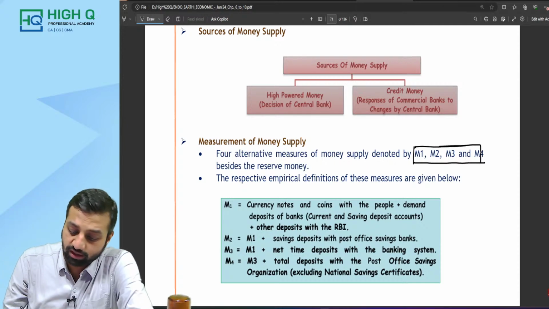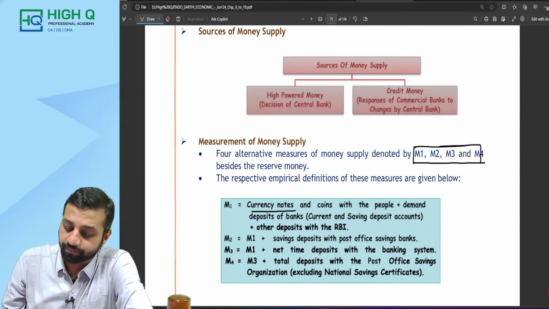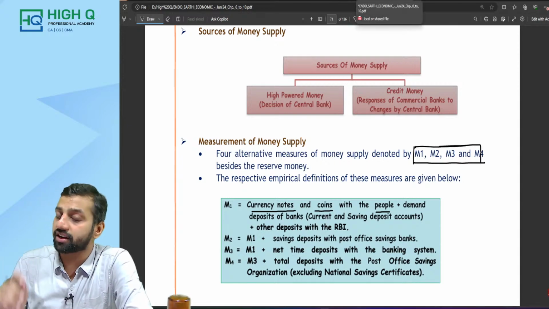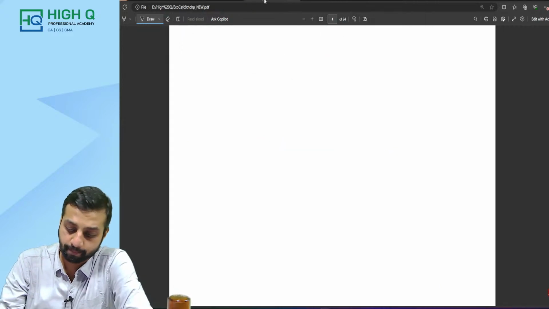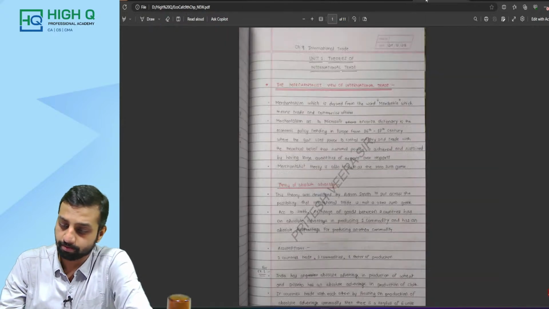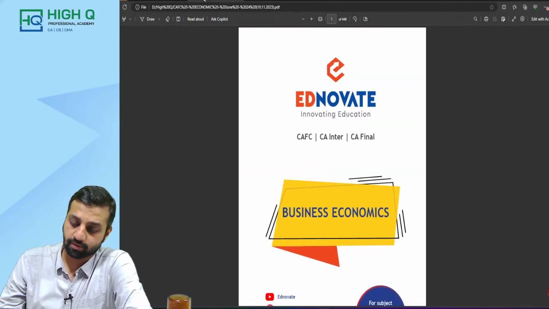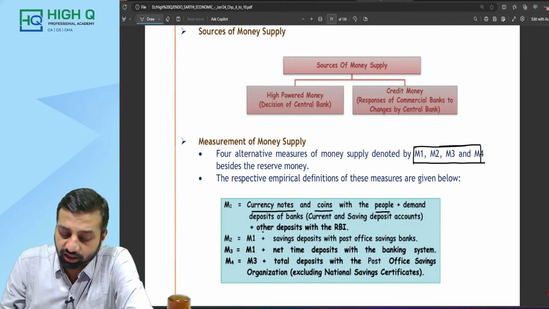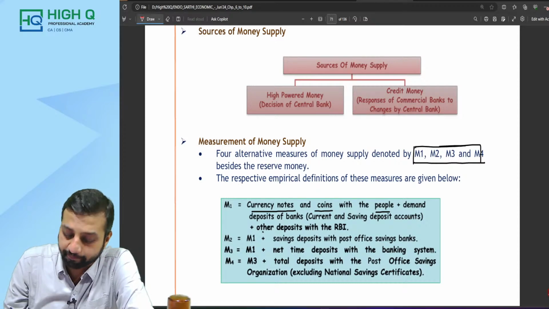So what is M1? Currency and notes, coins with the people, plus demand deposits, that is current and savings account. And there are other deposits with the RBI.